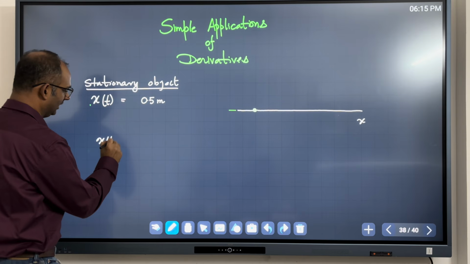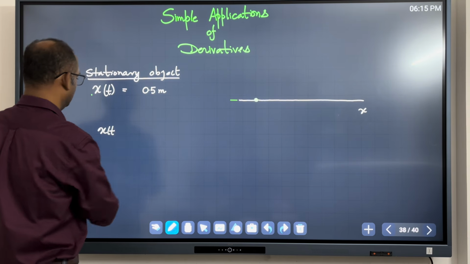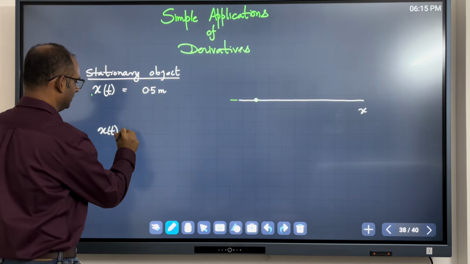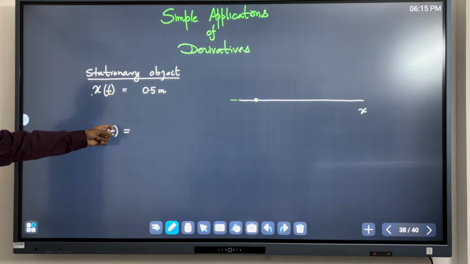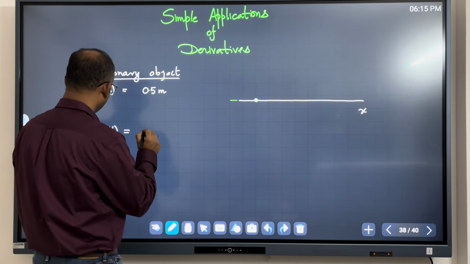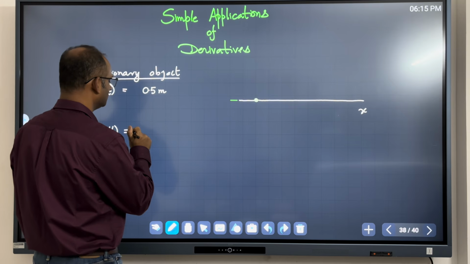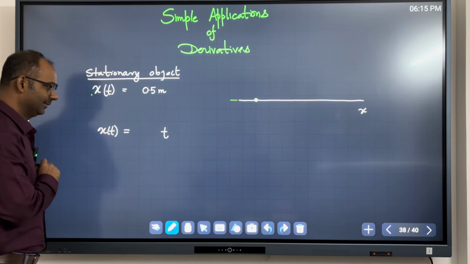Now let's take a function. Suppose an object is moving along the x-axis, and its location at time t is given by something linear in t.